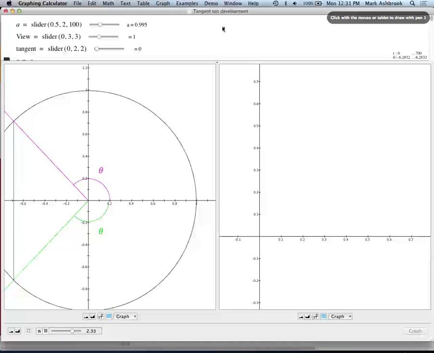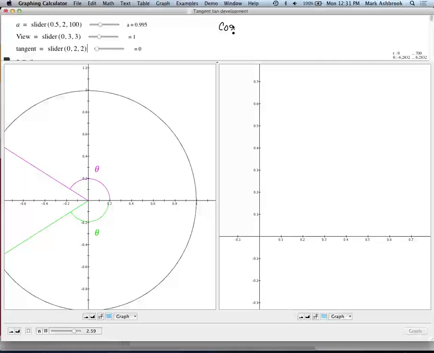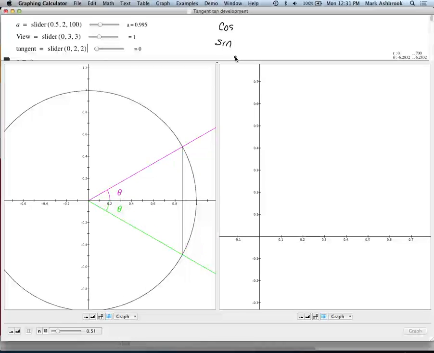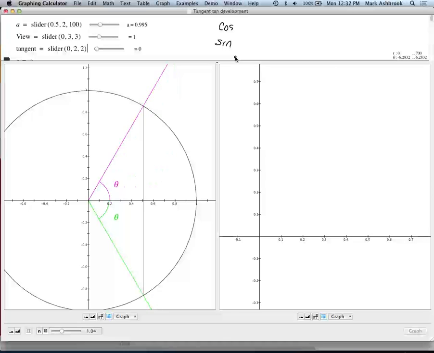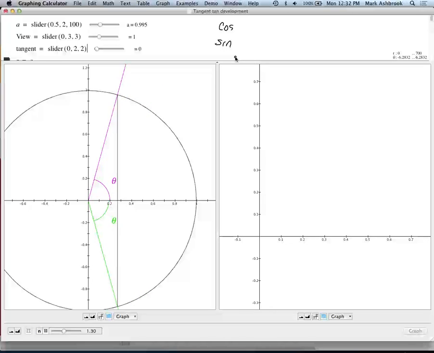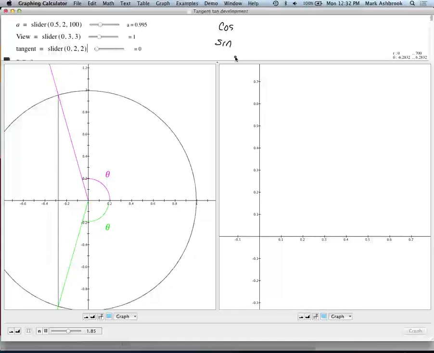It's not the inverse. Yeah, mathematically though, what is that? The green angle is what angle relative to the purple angle? The same but opposite, right?